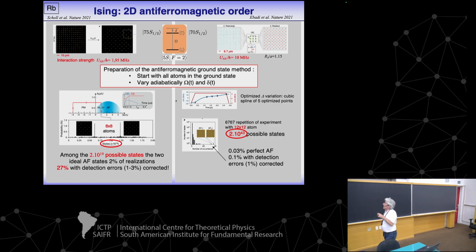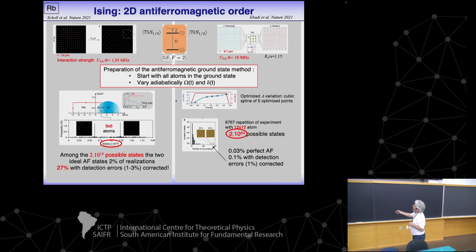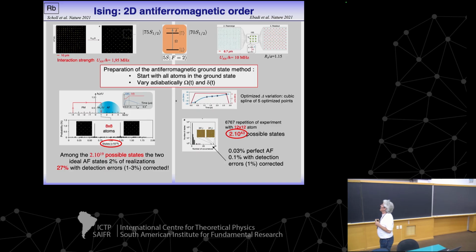If the goal is to prepare the ideal antiferro, you can post-select, but as errors are dominated there by detection error, your post-selection is even... Okay, so if you just post-select, you are left with only 2%. Indeed, this number can be improved so that the post-selection is very efficient.